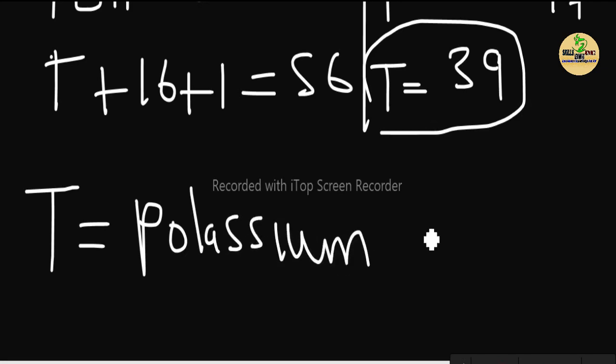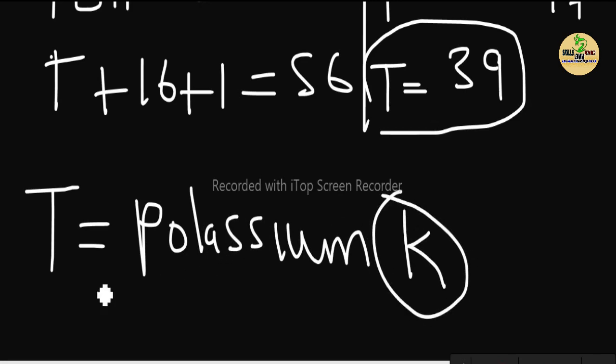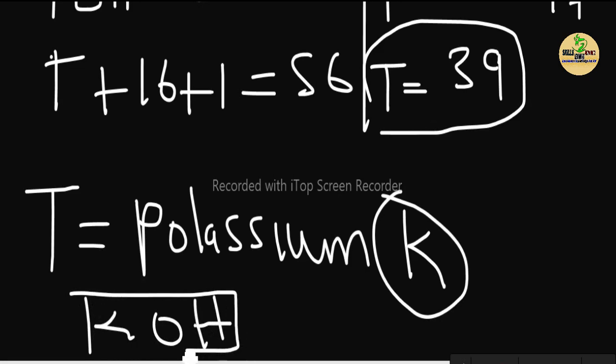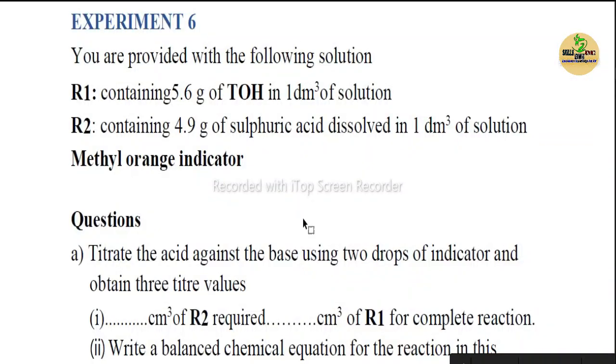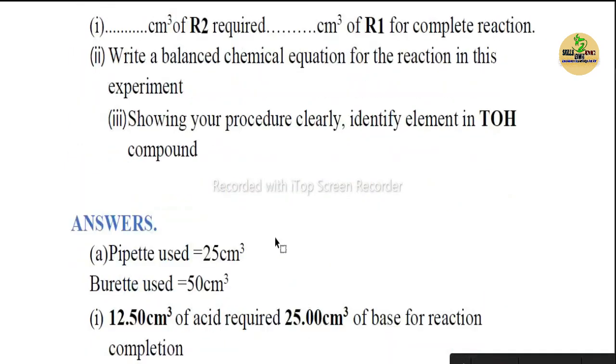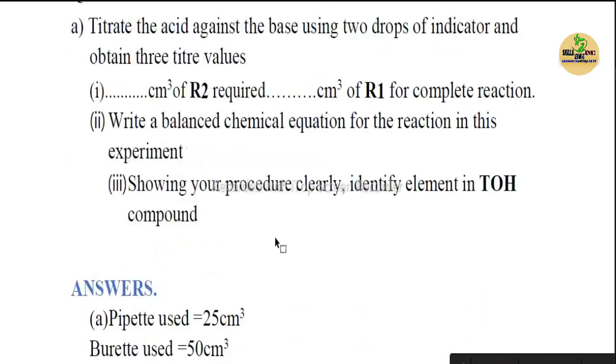T is equal to K. So the compound was KOH. That was our compound in this experiment. According to the series of the question, our question was completed. You have seen the way have been solved.